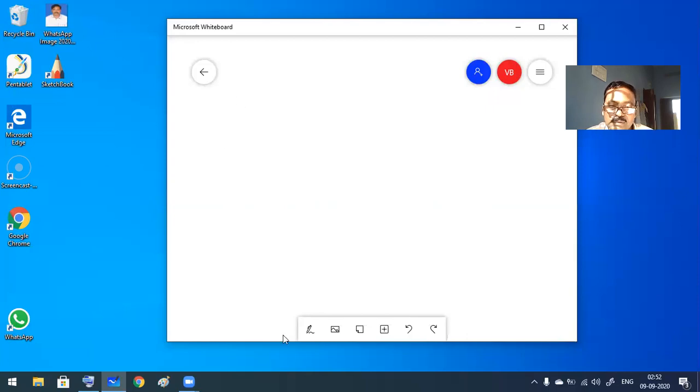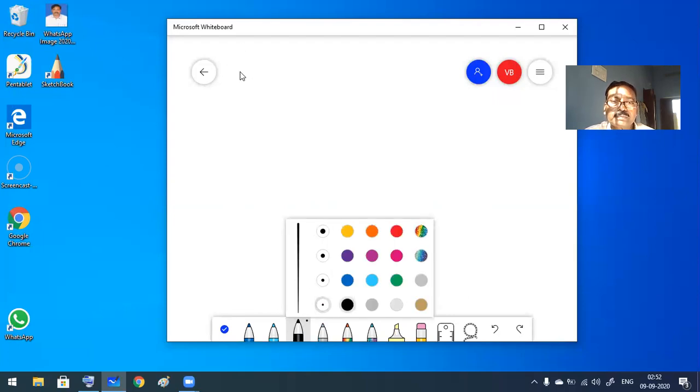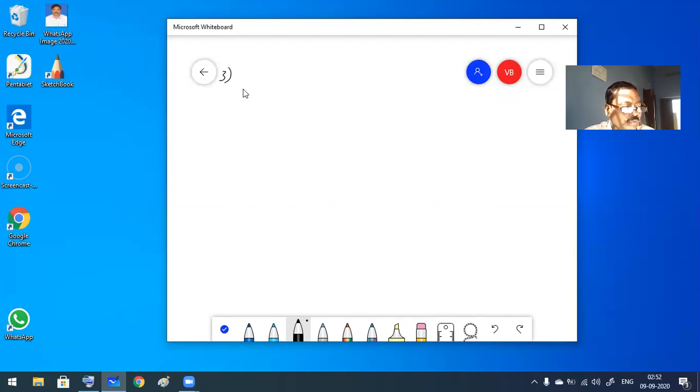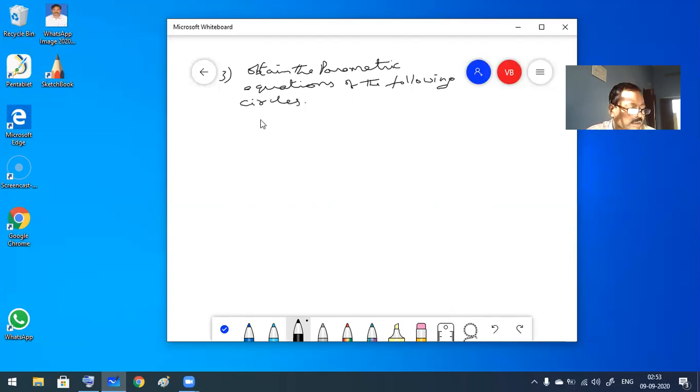So obtain the parametric equations of the following circles.